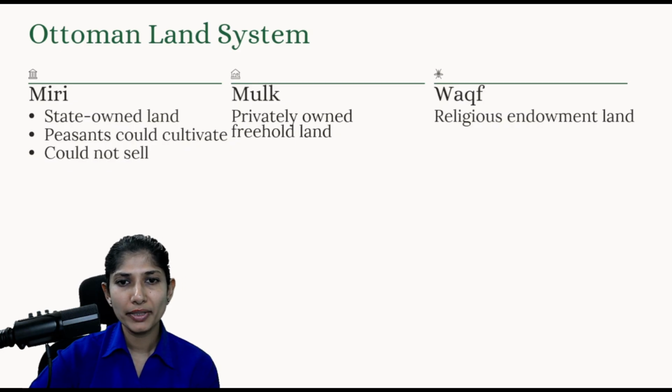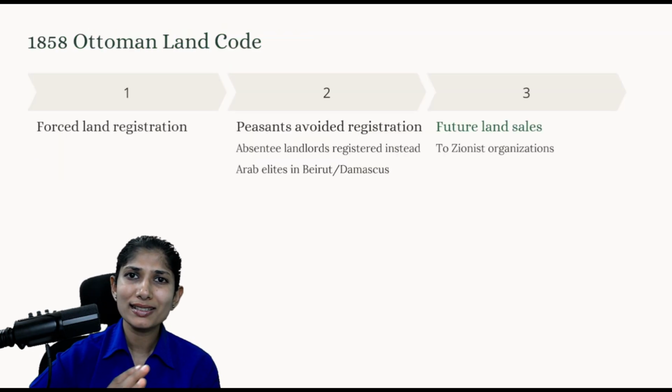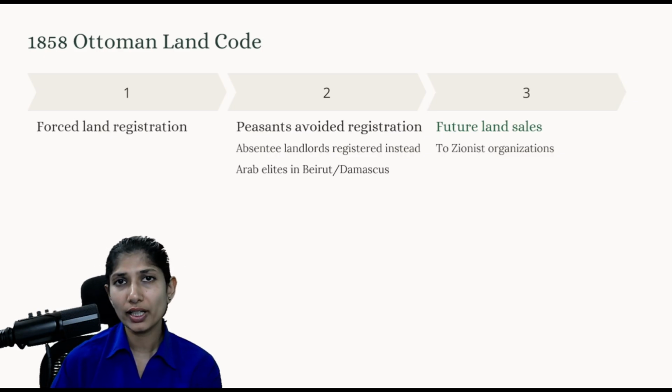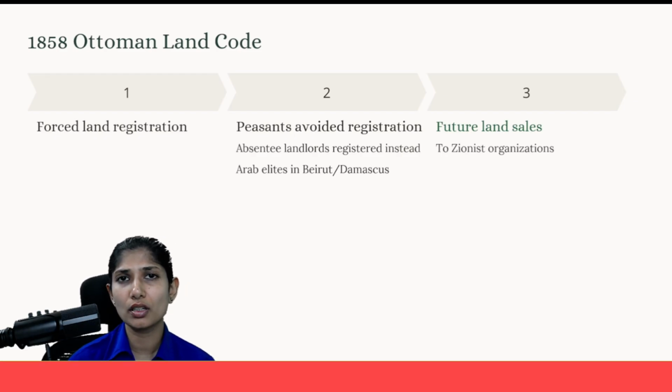One thing that happened during the Ottoman land code is that there was land registration. But many people, that is the peasants, avoided registration of land, because that would mean they would have to pay tax and be liable for military service. So the government said someone has to register the land.